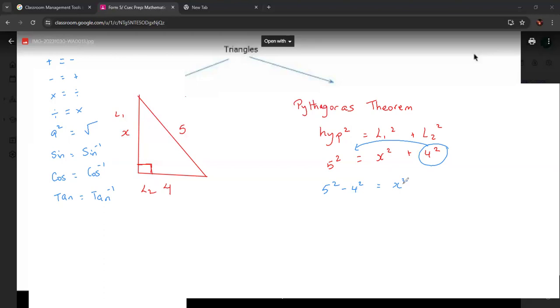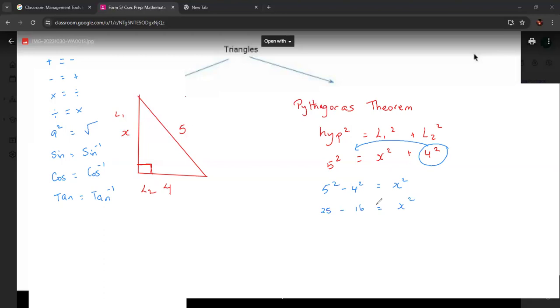Now some people are not accustomed to the x or the unknown on the right-hand side. But remember, if I say x is equal to 6, that's the same as 6 is equal to x. So it doesn't matter which side it's on. So 5 squared, that's 25, minus 4 squared, that's 16. That's the value of x squared.